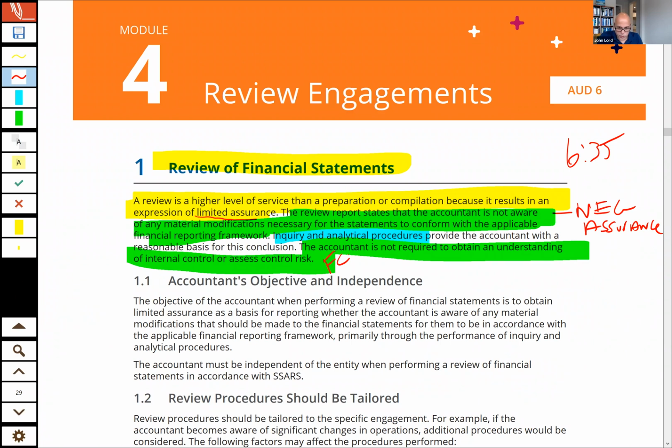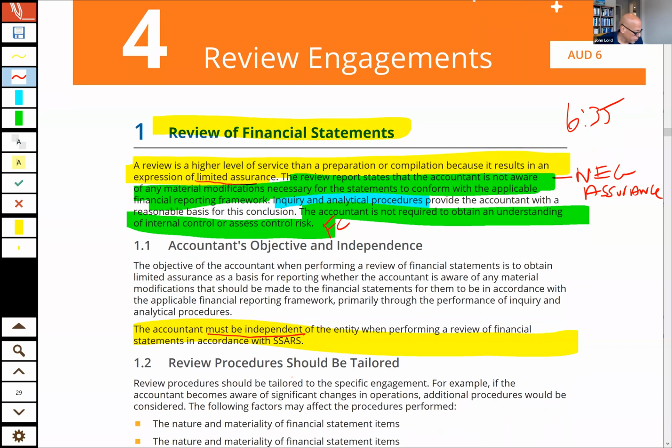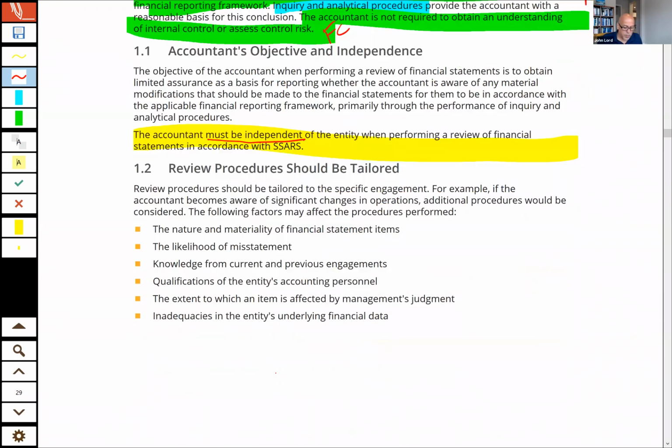We don't do those things in a review. Now, because we are giving assurance, we have to be independent. For the preparation and the compilation, we didn't have to be independent, and I already asked you to flashcard that in the introduction. For the review, we do.